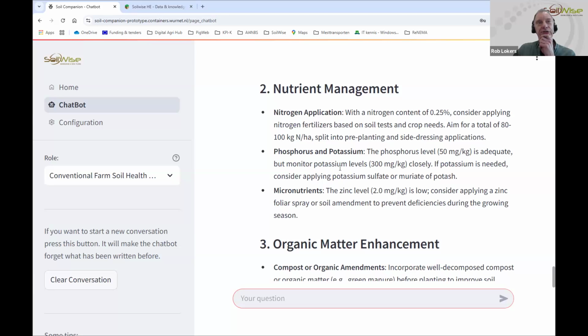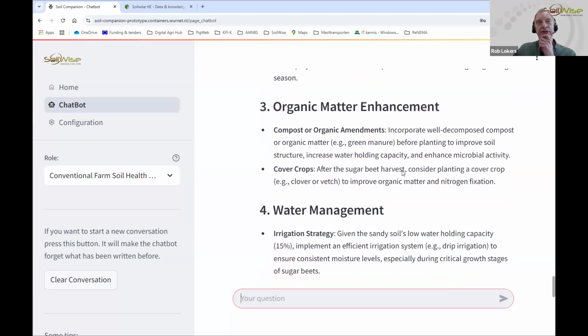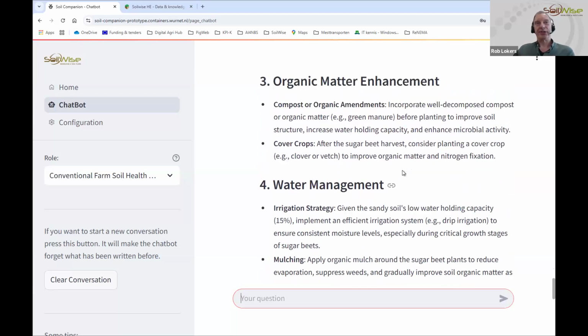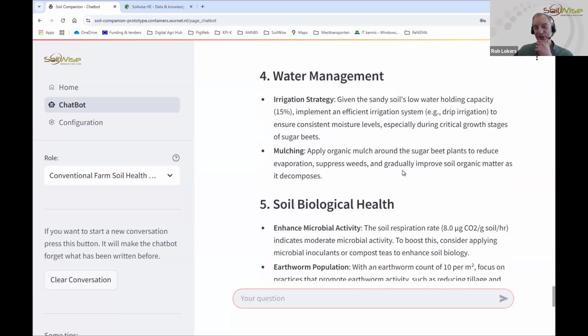Phosphorus level is adequate, but monitor potassium levels closely. I'm not going to get into all the details, but you can see that it uses some of the data from the soil lab report to analyze and to try to provide specific results based on that data.